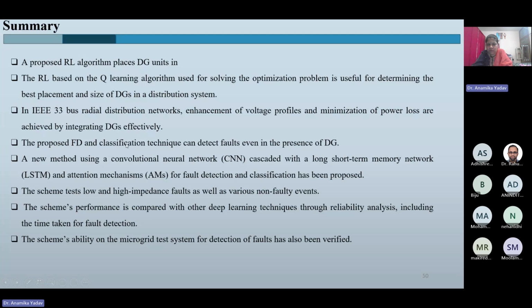It is used to detect and classify the faults in presence of DG, and tested for both low impedance and high impedance faults, and also for non-faulty events. The scheme is also tested for a microgrid test system as well. And reliability has been compared with other deep learning algorithms, that is only CNN, only LSTM, and combined all three. So this way it gives you the overall picture.